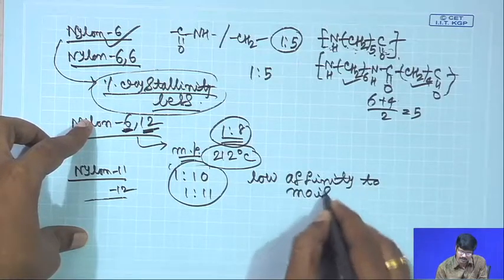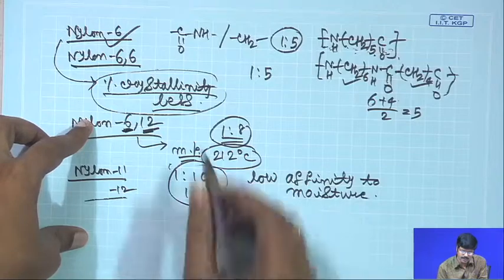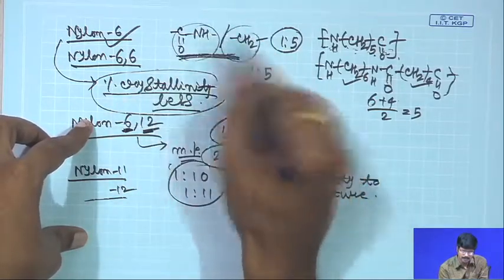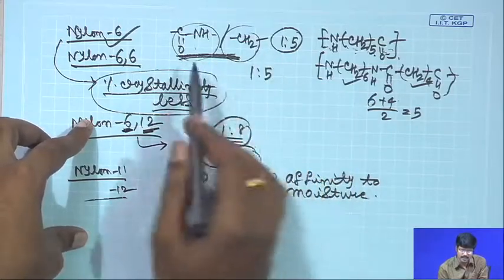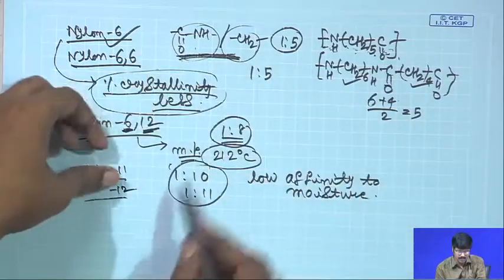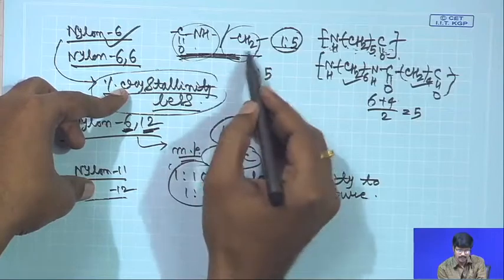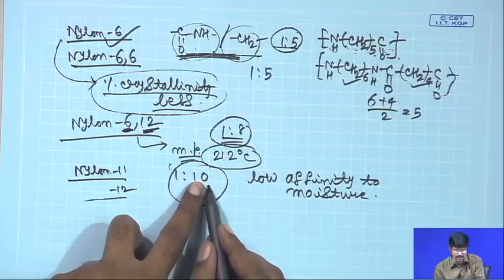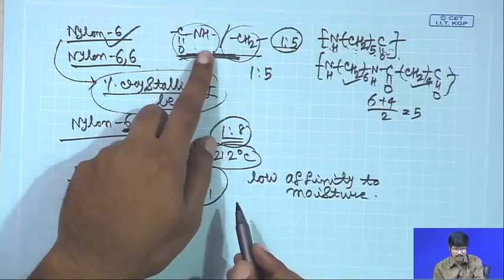This is also an important thing to consider, because when this ratio is higher, say this is 1:5 here. So, for every 5 CH2 units you have 1 CONH unit on an average, and here every 10 CH2 units you have 1 CONH unit. Now, this is a polar group.